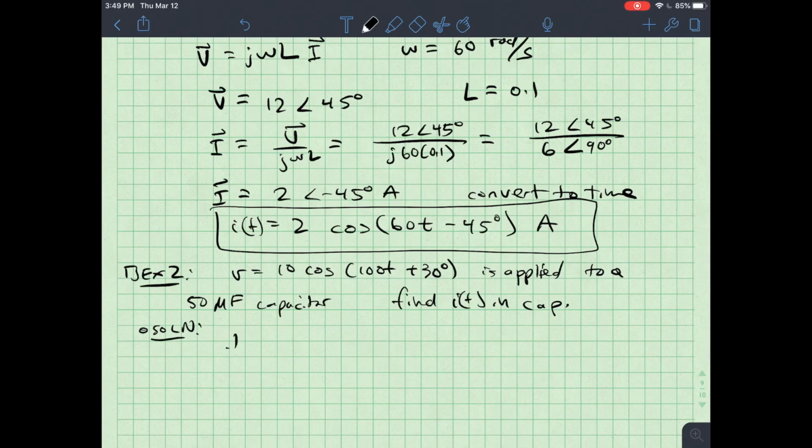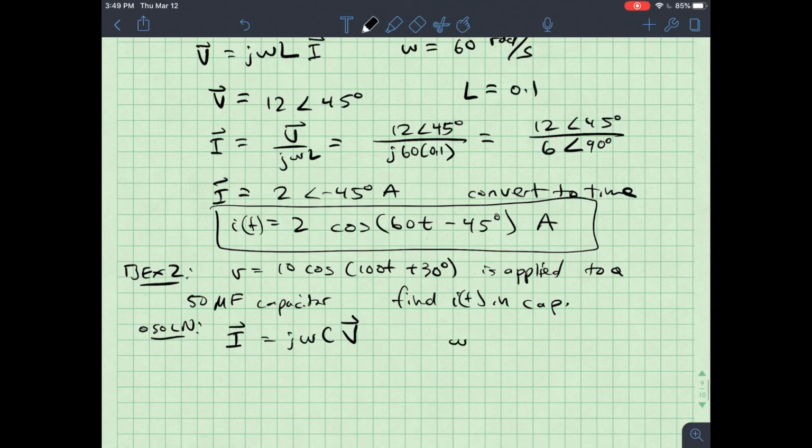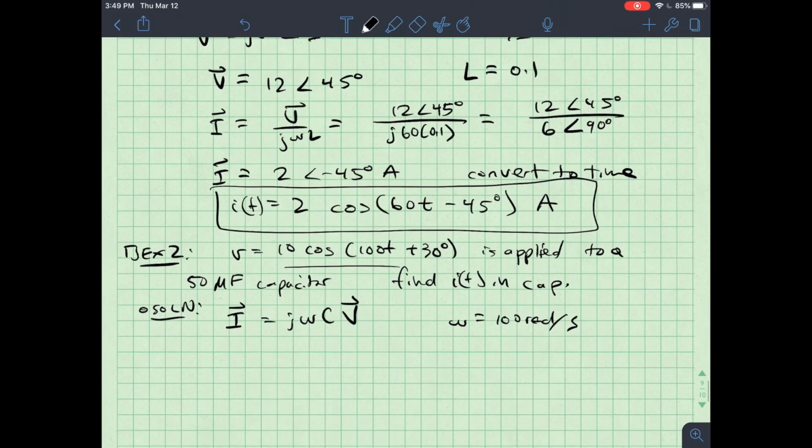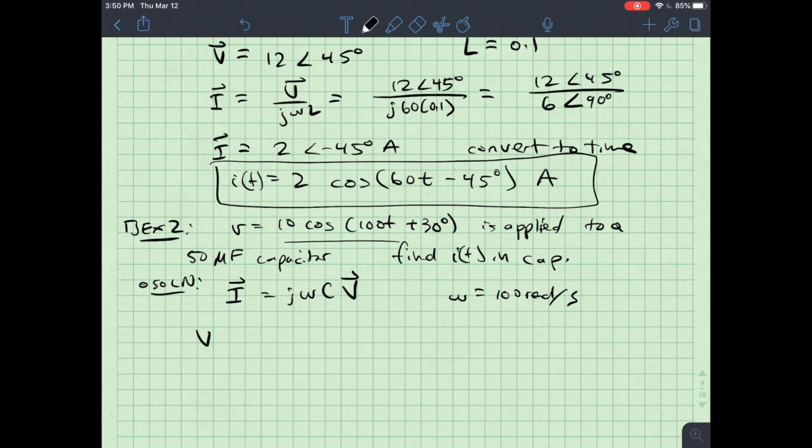All right, so I know in a capacitor, I is equal to jωC times V phasor. Omega is equal to 100 radians per second based on my expression up there. V is equal to 10 angle 30 degrees from my phasor transform.